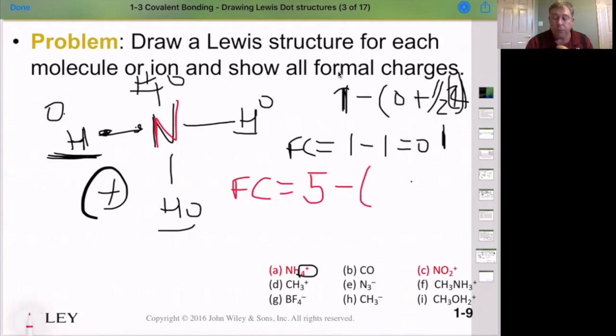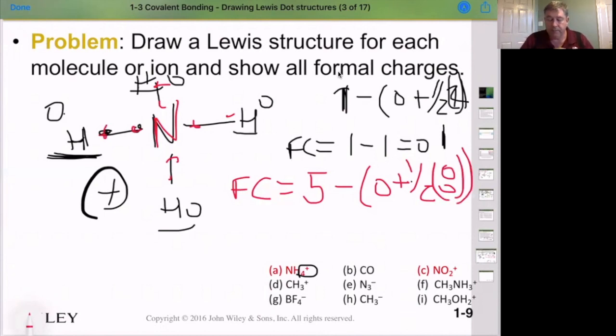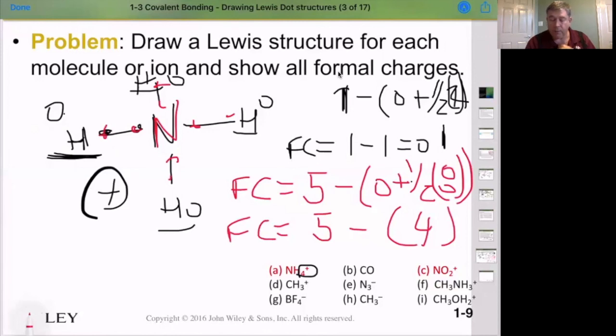We have no lone pairs now, so 0 lone pair electrons, plus 1/2 of the bonding electrons. We have 1, 2, 3, 4, 5, 6, 7, 8 bonding electrons. So 1/2 of 8 is equal to 4. Then 5 minus 4 is equal to plus 1. That means that nitrogen has a plus 1 formal charge. Okay?